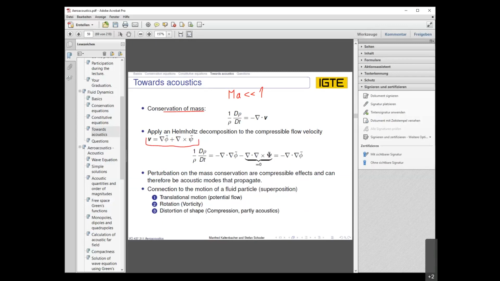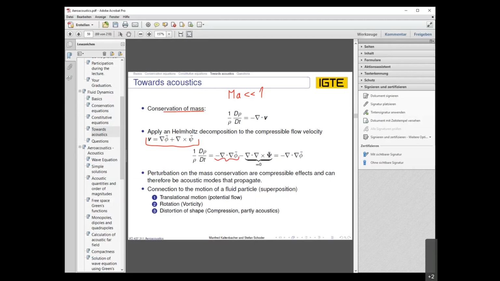If we insert this into the conservation of mass, we detect that the variations in the density along a streamline are connected to a compressible part, and that the vortical part, so all the vorticity, is 0.